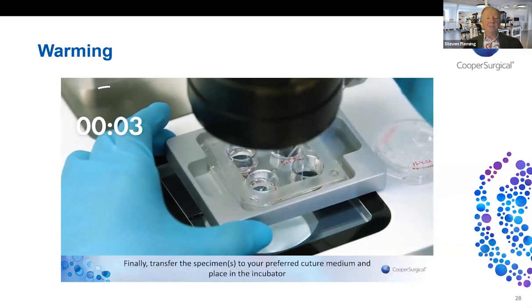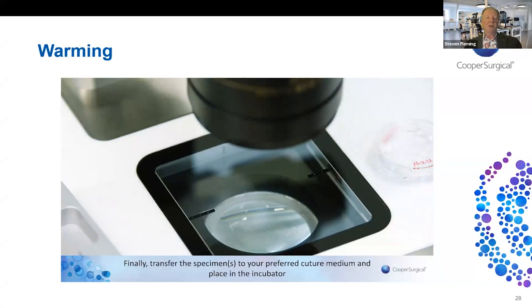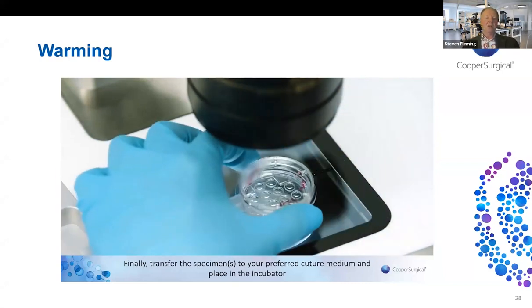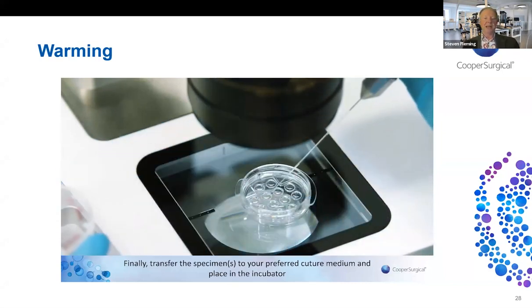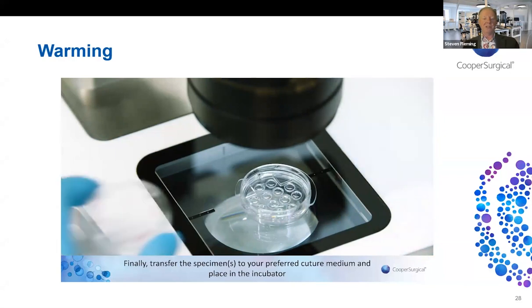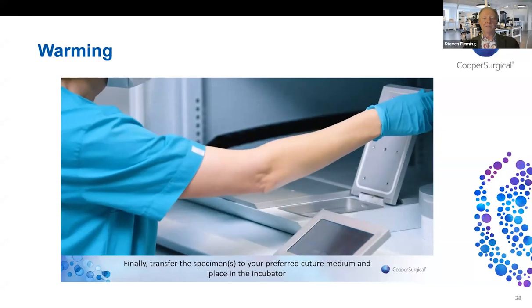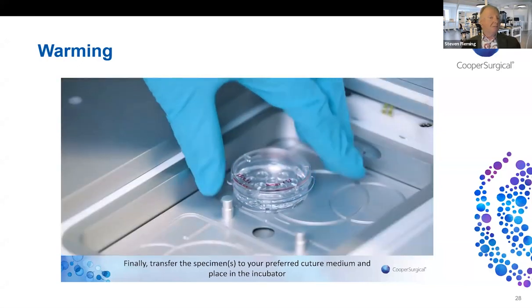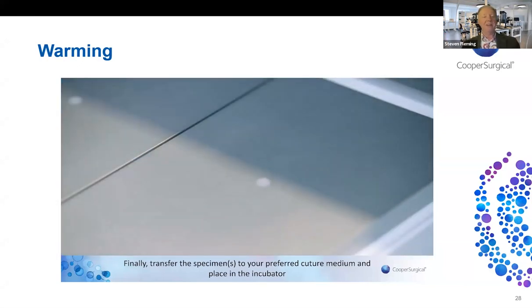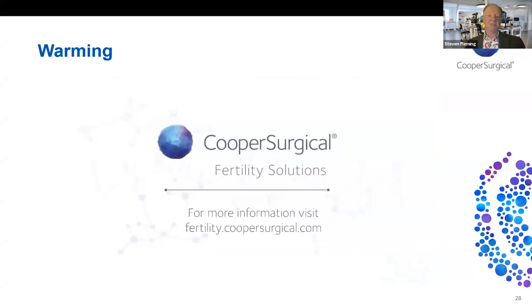And then finally, you can transfer your oocyte or your oocytes or your cleavage stage embryos or your blastocysts to your culture dish. And then you can put that culture dish into your incubator, ready for ICSI, further development, or embryo transfer.